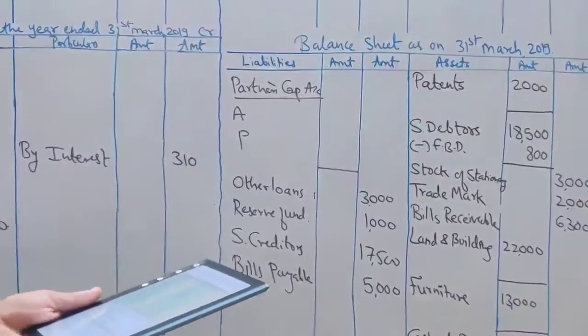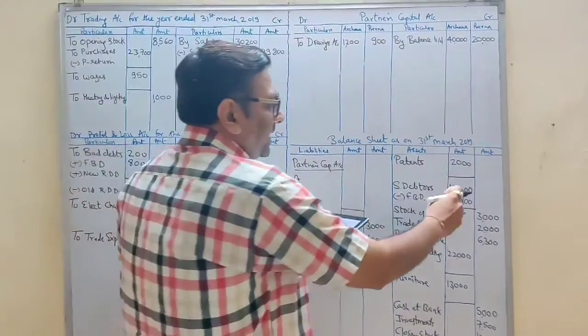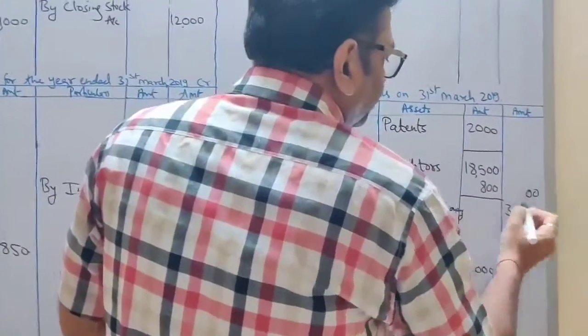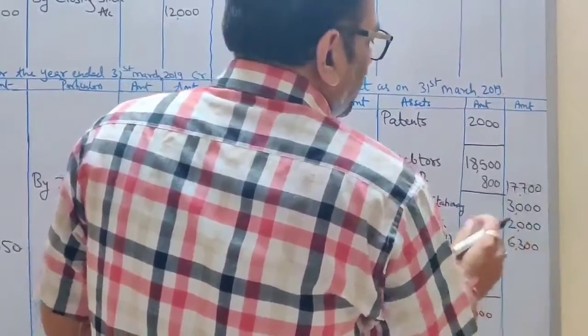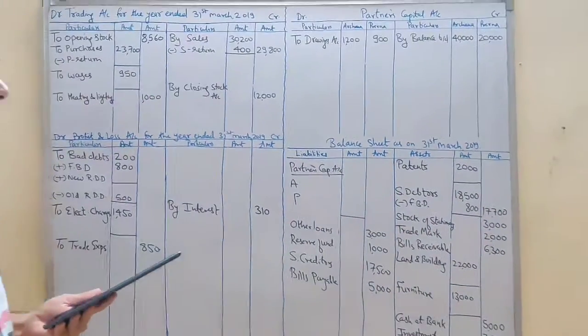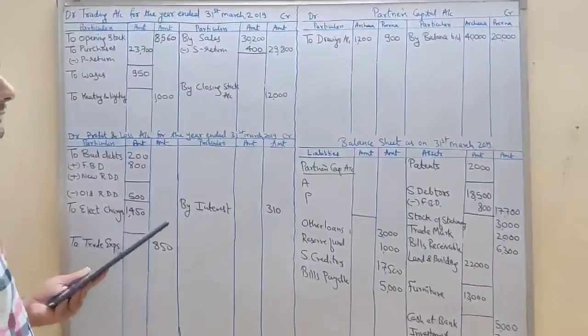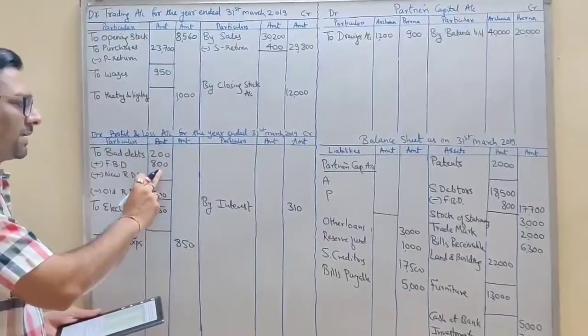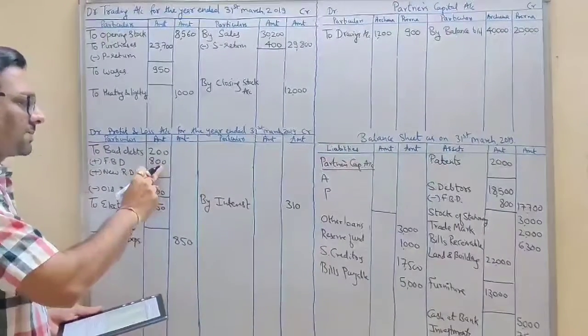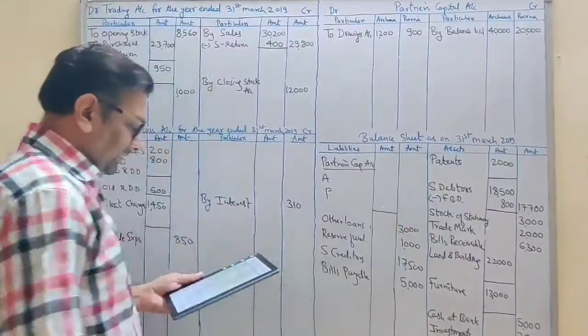Yes, there is no new RDD given, so you can minus it and write it in the outer column, 17,700. So you have given 2 effects. 800 is an adjustment amount, 800 is an adjustment amount. You will write 2 times.